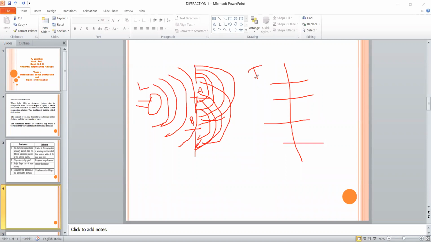This is the phenomenon of interference. Here we need two coherent sources. By the superimposition, dark and bright fringes are formed. That is interference.